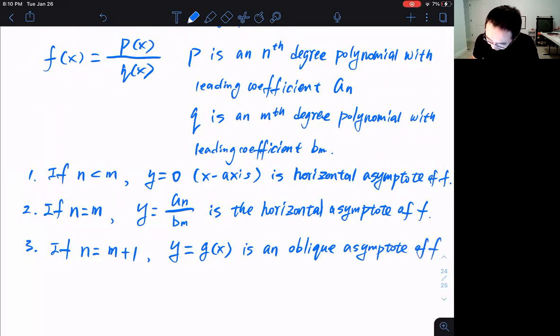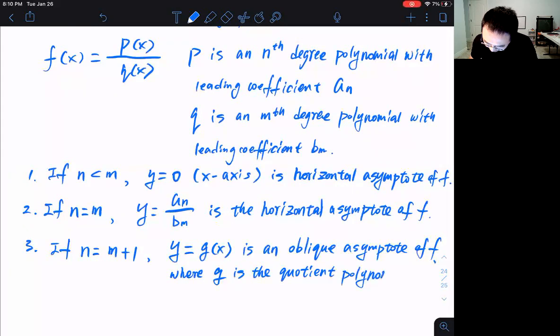where g is the quotient polynomial obtained from p divided by q.